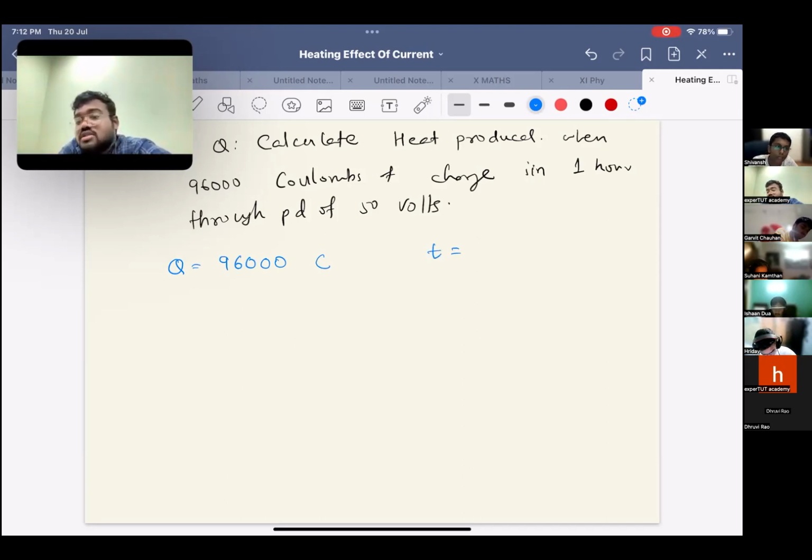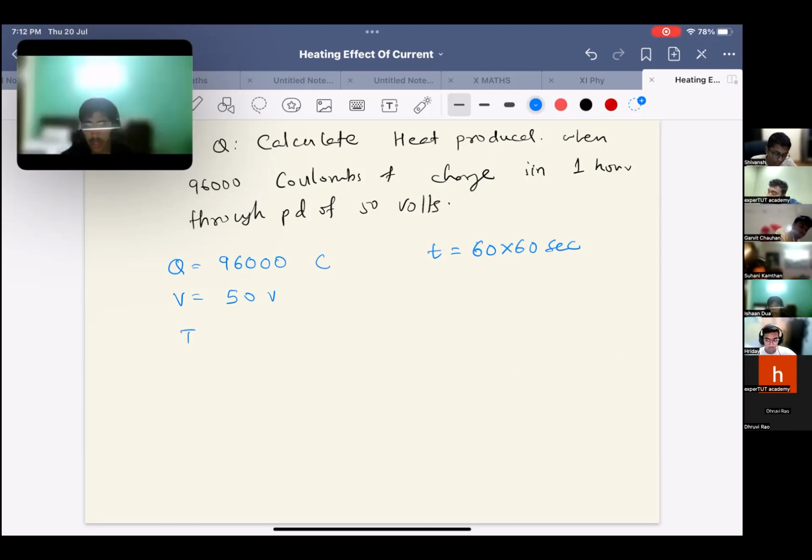So how much is it in seconds, Ishan? It will be 60 into 60. Correct. 60 into 60 seconds. And the voltage is given, which is 50 volts. So what can we find, Ishan? We can find I, which is 96000 divided by 60 into 60.